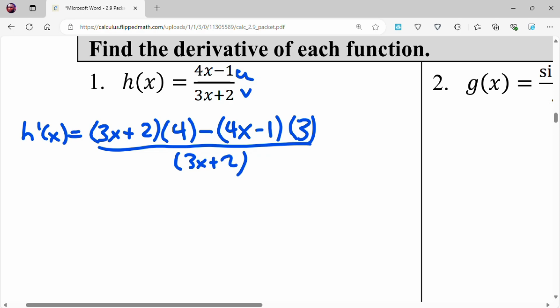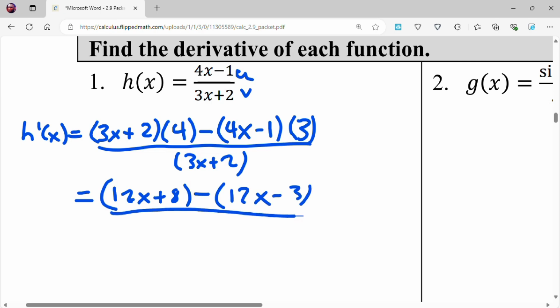And so you can simplify. I guess I will simplify. So distribute. So 4 times 3 is 12x, plus 2 times 4 is plus 8. Okay, and then this is minus 4x times 3 is 12x, negative 1 times 3 is minus 3.